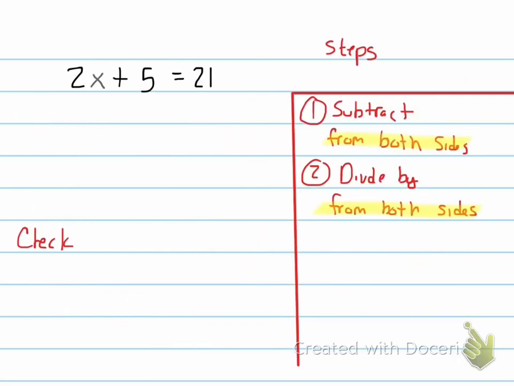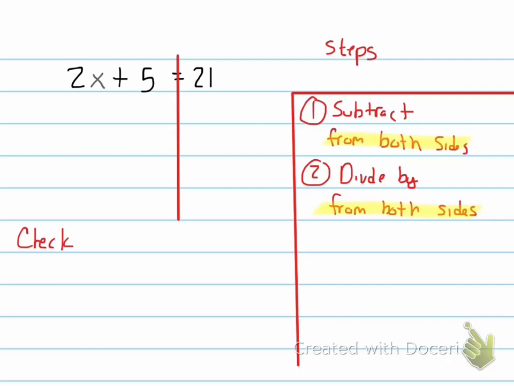So let's look at this problem and try and solve it. My first step was to undo addition. I'm going to put a line down. This line I just drew is to show the two sides of the equal sign, right? We got the left side and the right side. So what am I going to do?